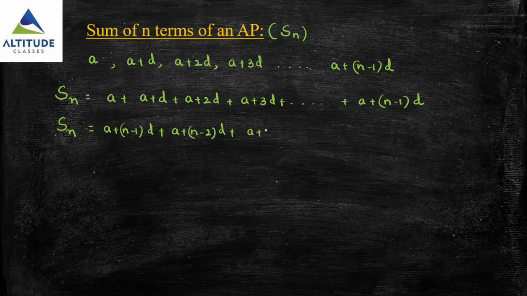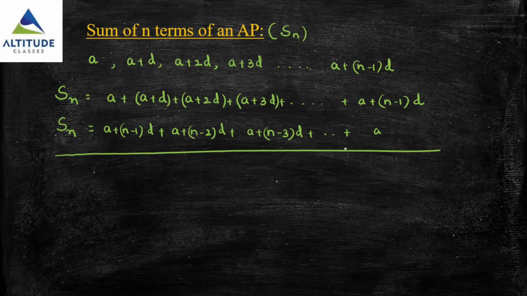The last third term from the last is a plus (n minus 3) into d. So on. You can keep brackets here so that you don't get confused. This is Sn where we are adding all the terms. Same Sn, but written from the back. Now I am adding these Sn.